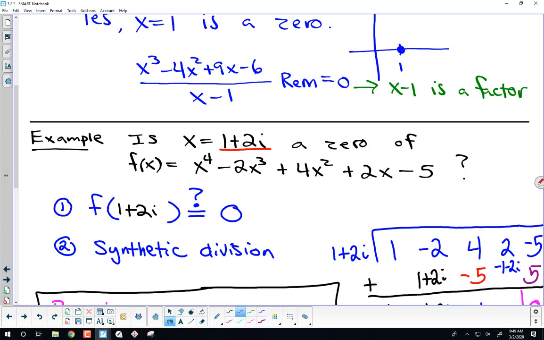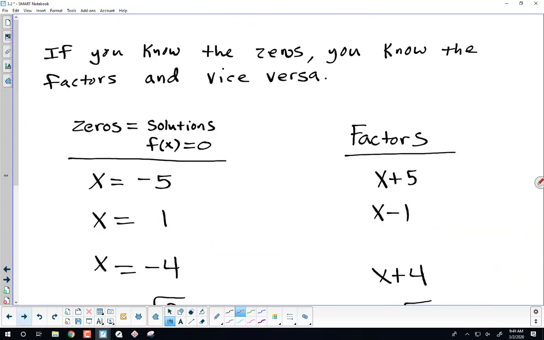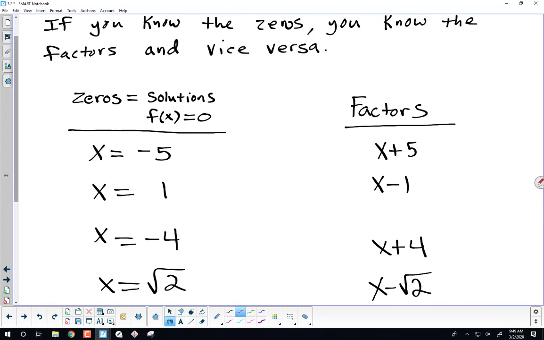But remember, once we know we have a 0, we had the following. If I know the zeros of a function, then consequently I know the factors. If I know the factors, I can also state what the zeros are. So it's like a two-way street here. We can move back and forth between zeros and factors in a specific way.